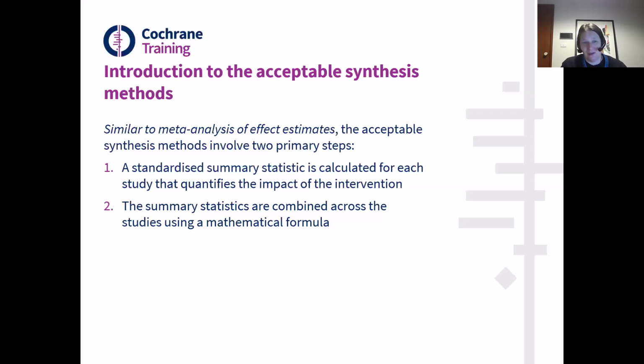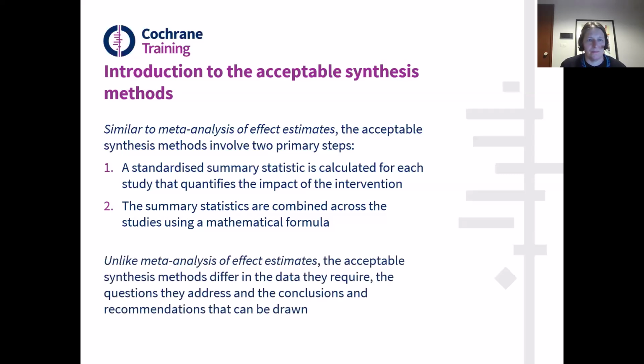In meta-analysis, we're very familiar with this idea. In step one, we might calculate risk ratios, odds ratios, mean differences, standardized mean differences. Step two, we use this weighted average formula to bring together those effect estimates. Things are a little bit different when we look at the other synthesis methods, which I'll talk through.